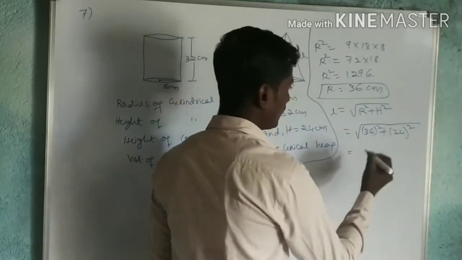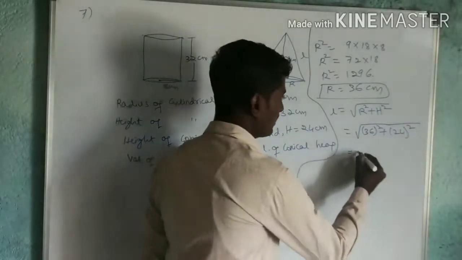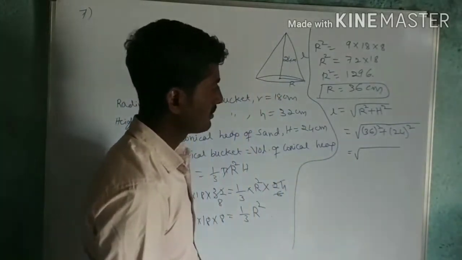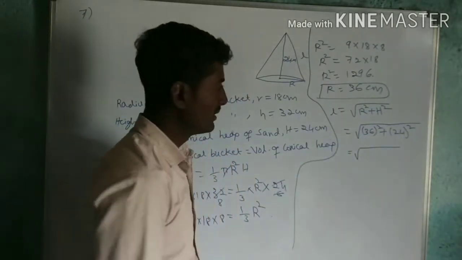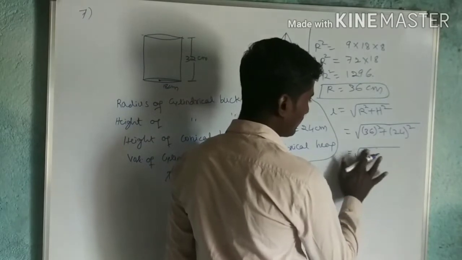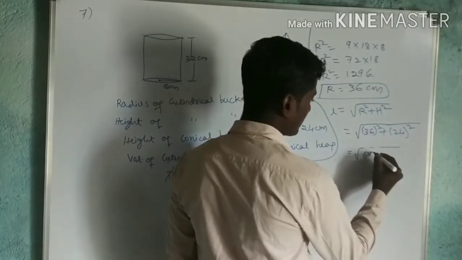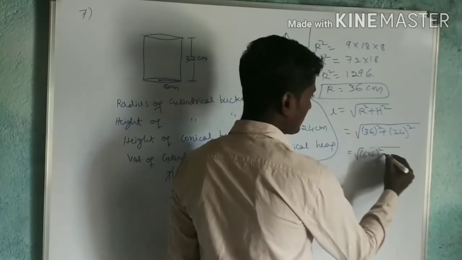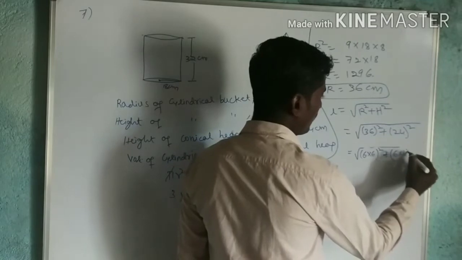Okay. Now we have to simplify this. I can write 36 as 6 into 6, and 24 as 6 into 4. Plus this I can write as 6 into 4 square.